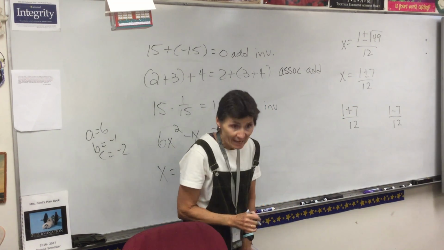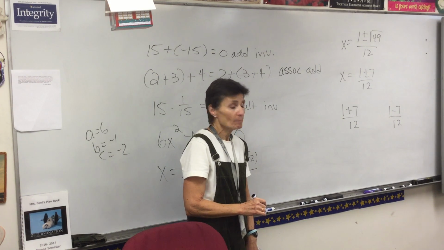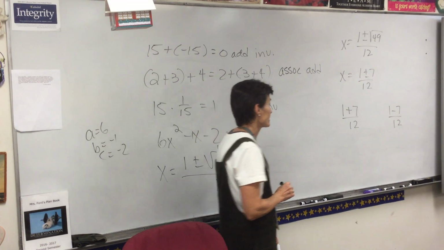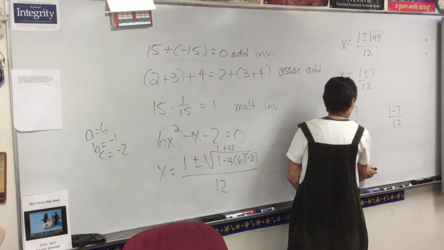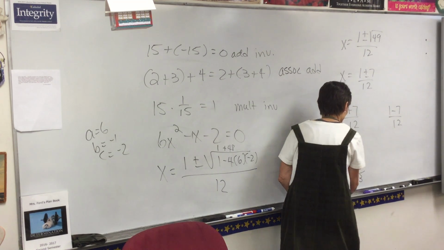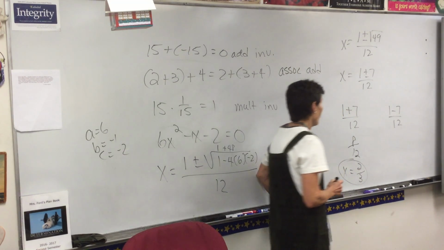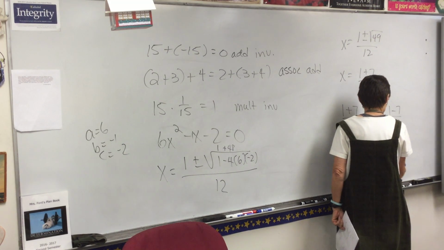No, because they add together. If it was root 7, I could do that because they don't add. But 1 plus 7 adds. 1 plus 7 makes 8, and 8 twelfths makes 2/3. Yes. So one of my answers is 2/3. 1 minus 7 is -6.